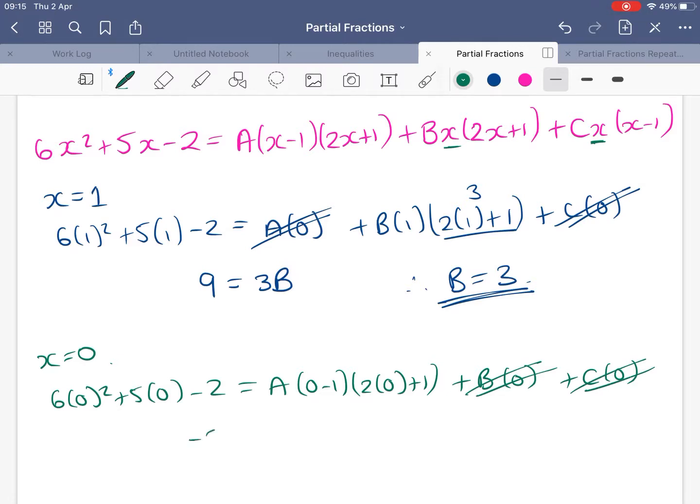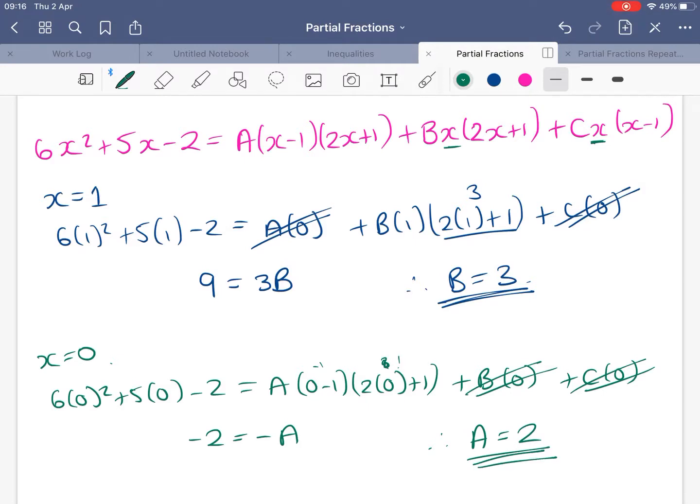Okay, so I'm going to get minus 2 equals, that's minus 1, 2 plus 1 is 3, so we're going to have 3, oh no it's not, sorry, it's 1, because 2 lots of 0 is still 0, making the classic mistake there. So I get minus 2 equals minus a, therefore a equals 2.